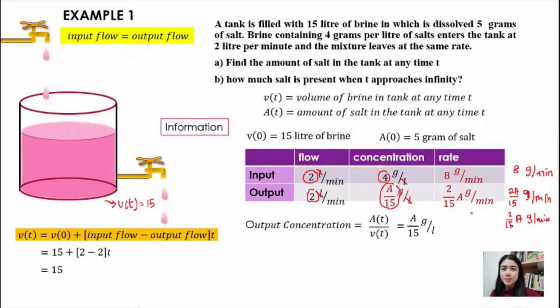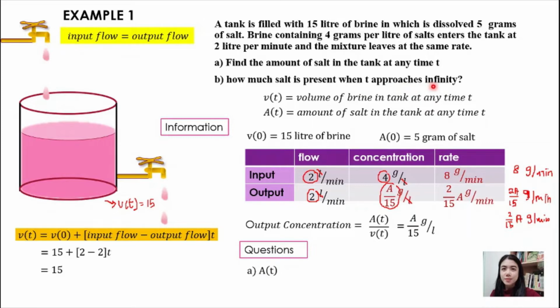Okay, so then let's identify the questions for this example. The first question says you have to figure out the amount of salt in the tank at any time t. Basically, it asks you to find A(t), the mathematical equation for A(t). For question B, how much salt is present when t approaches infinity?